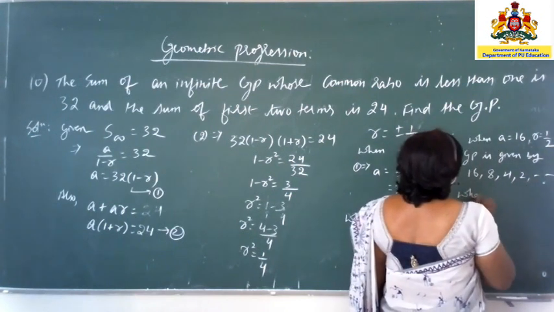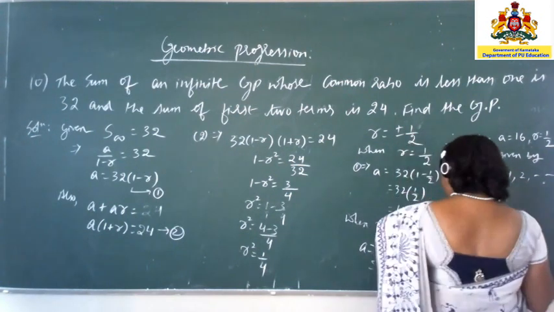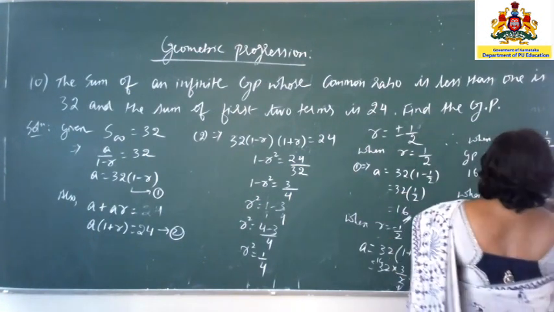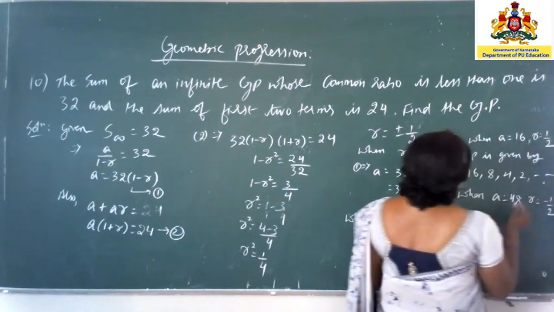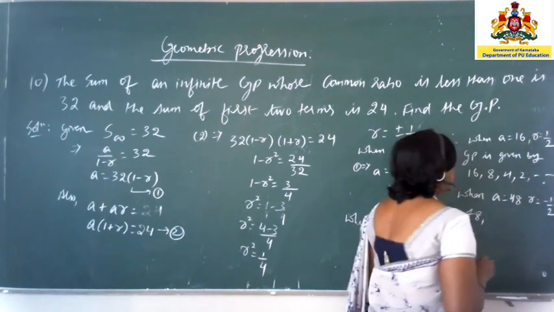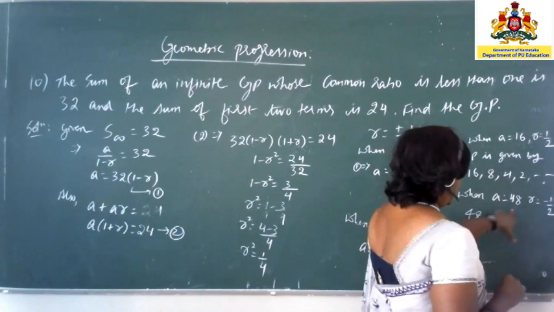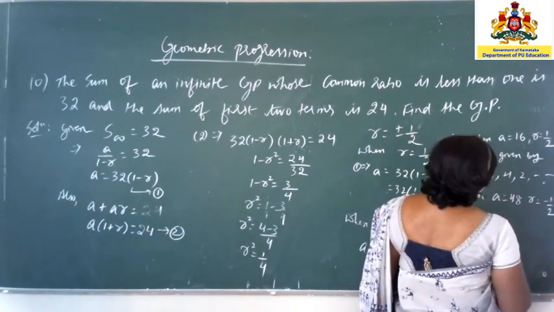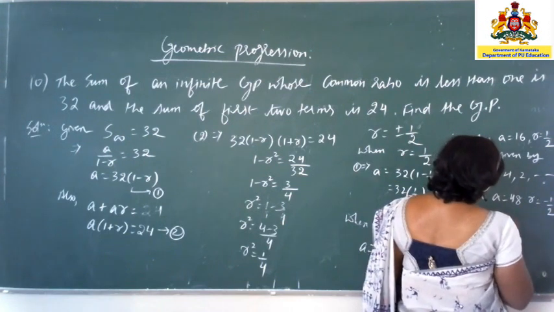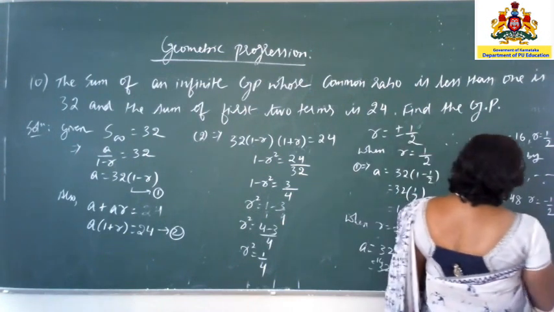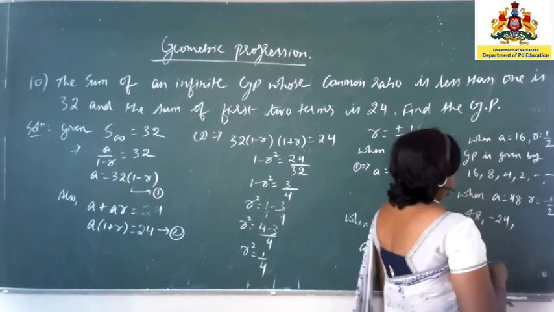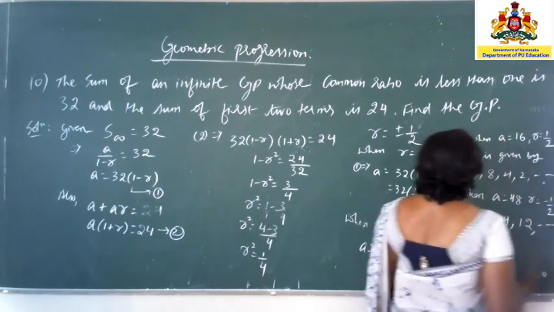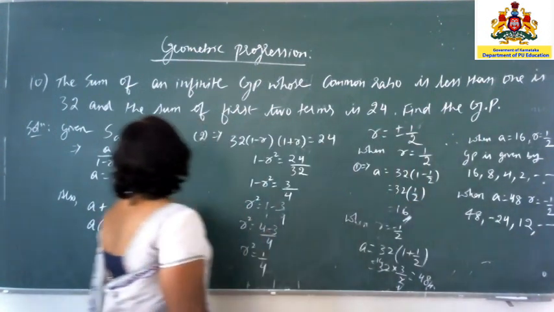When a is equal to 48, r is equal to minus 1 by 2. a is 48, then ar is 48 into minus 1 by 2, so minus 24, then into minus 1 by 2 gives 12, and so on. So this is how you'll be doing.